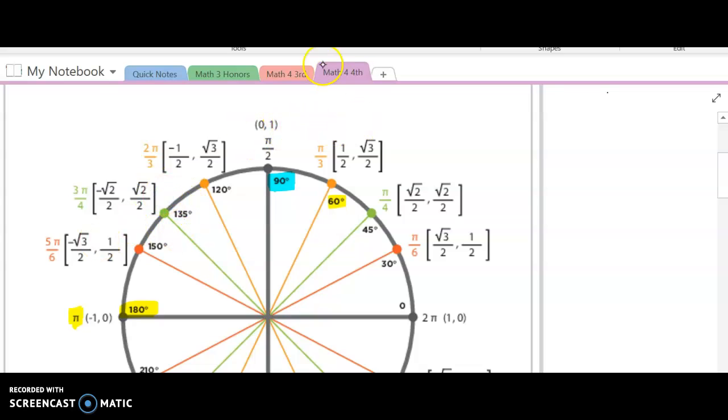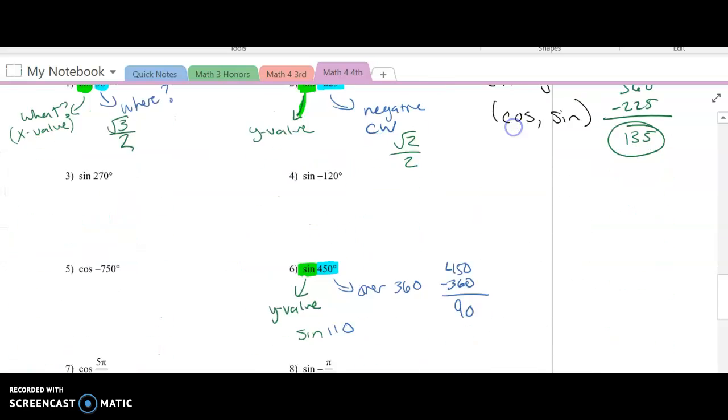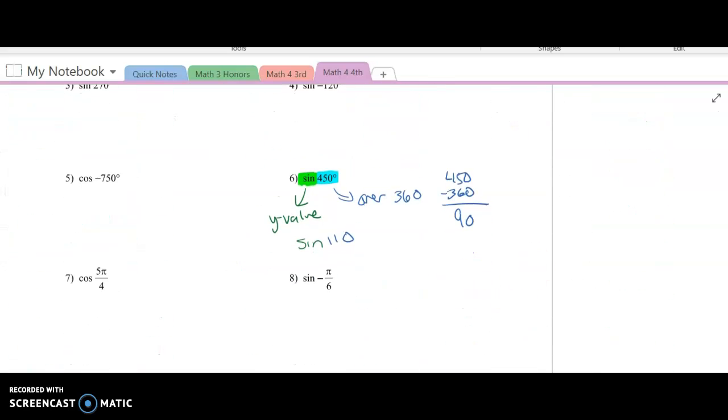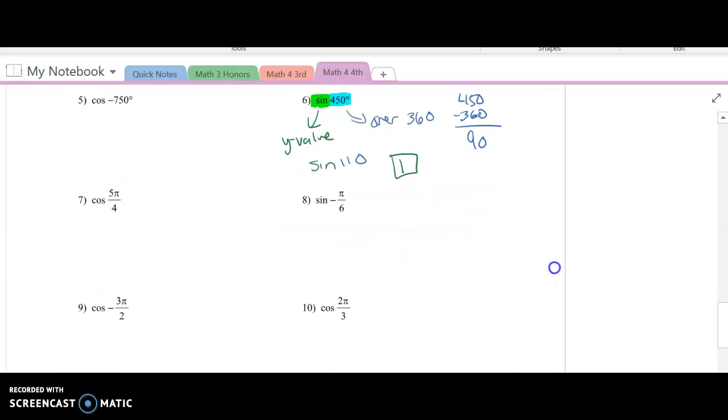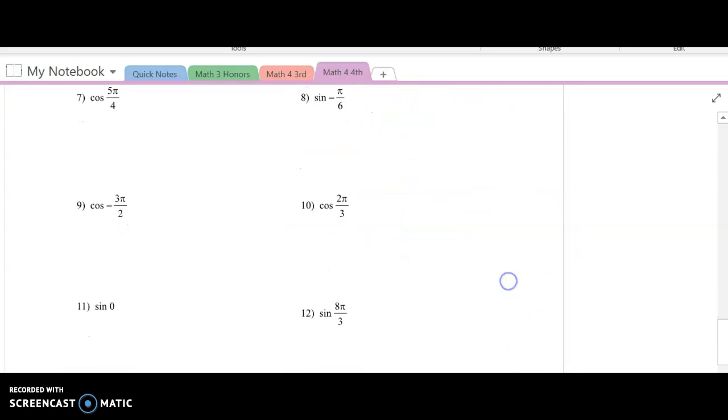And we have 0, 1 as my coordinate. And we're trying to find the y value. And my y value is 1. So my answer is 1. And if you had a negative one that's over 360, do what we did for reference angles. Add 360 until it's between 0 and 360. You know, not too bad.